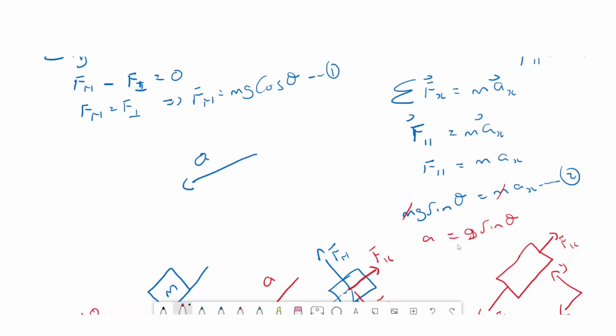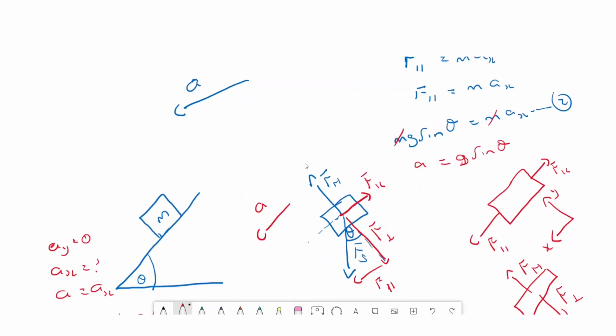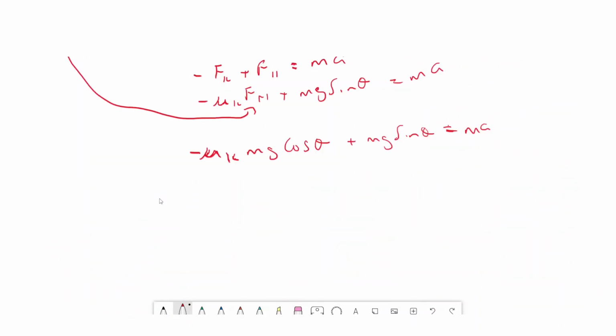And then let's go to the one where there's friction. Again, the m's are going to cancel one another, and you are just left with minus mu k g cos of theta plus g sine of theta equals a.